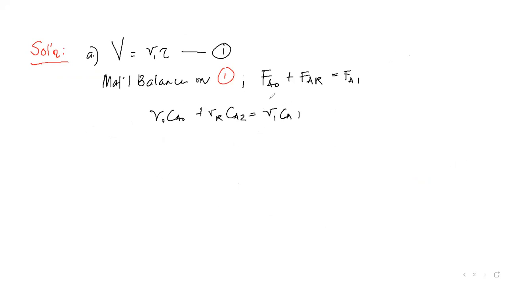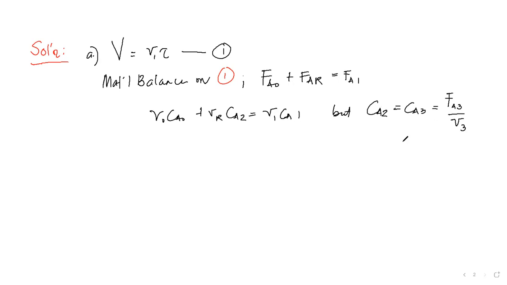Now we know that CA2 is equal to CA3. And the CA3 is equal to the molar flow rate of the final stream divided by the volumetric flow rate.